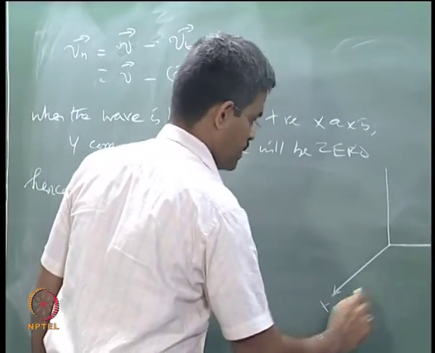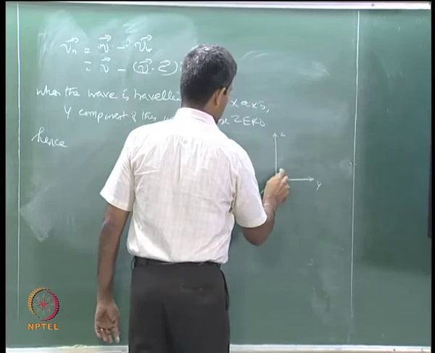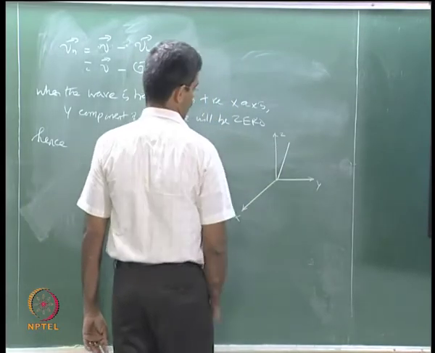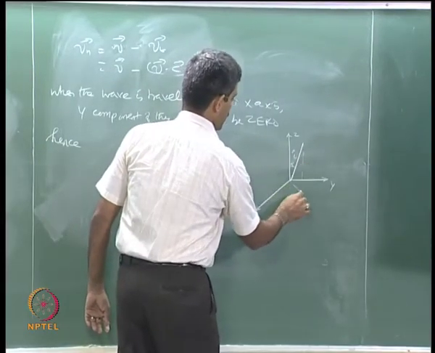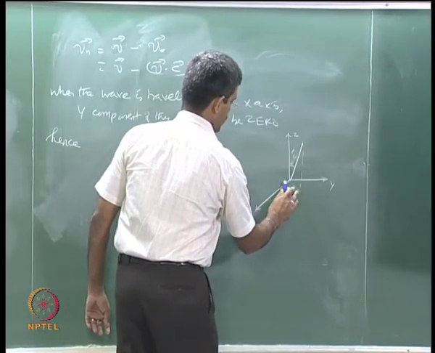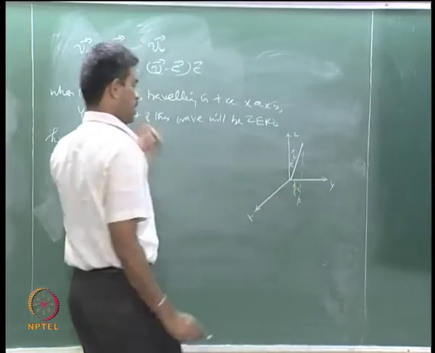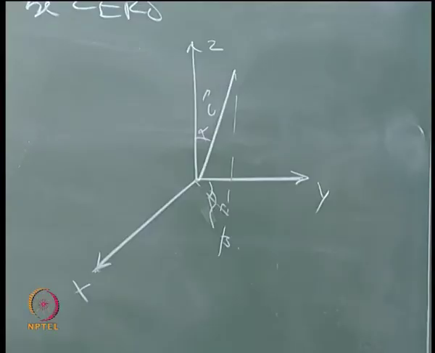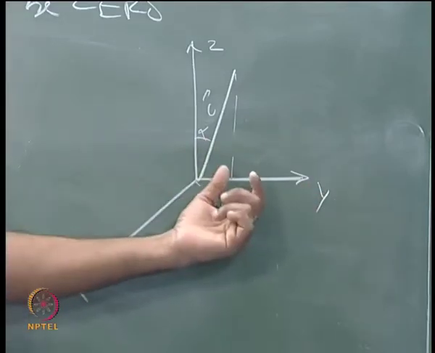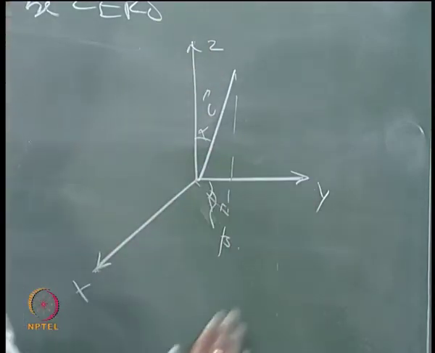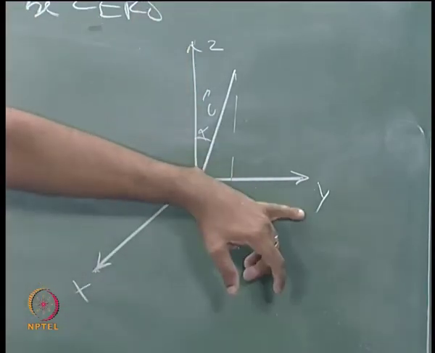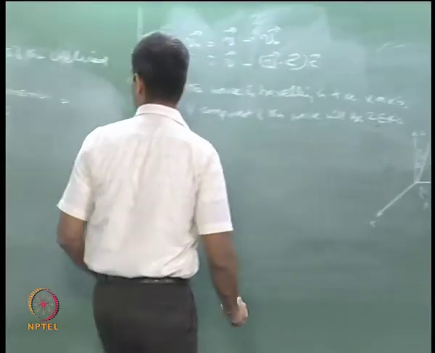This is my x, my y, z, this is my member which is C, this is alpha and this is beta. So, the projection of this on this plane will be 0. There are two planes normal to this: the zy plane has got two planes normal, one is xy, the other is zx. This will be 0 because the y component is 0 here. Therefore, I will get back to this plane.